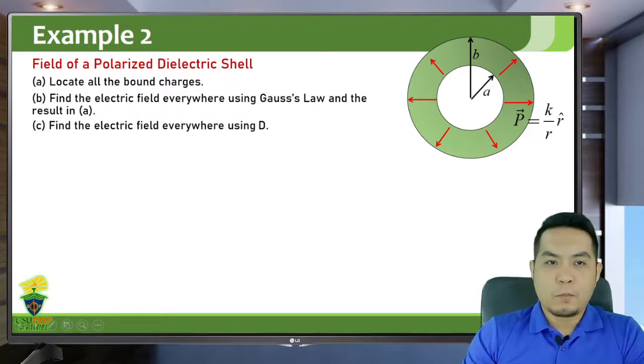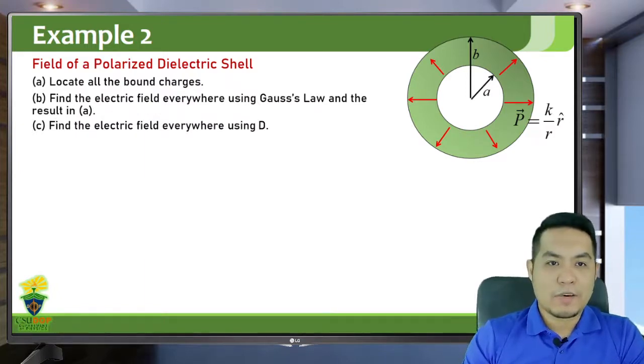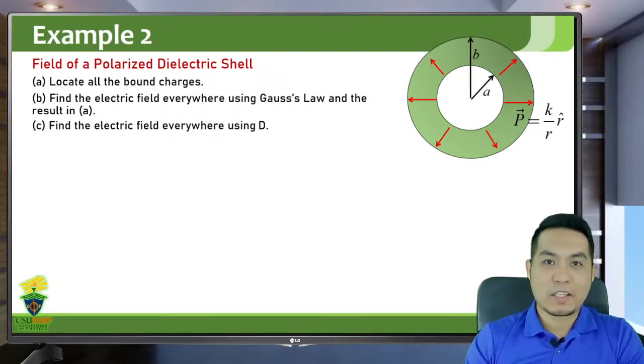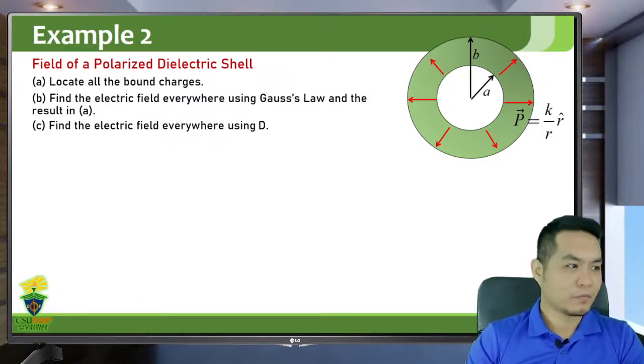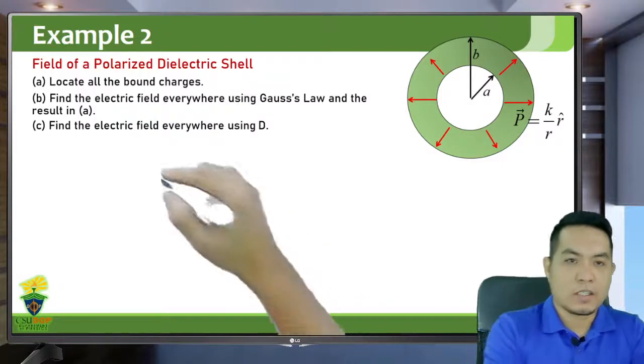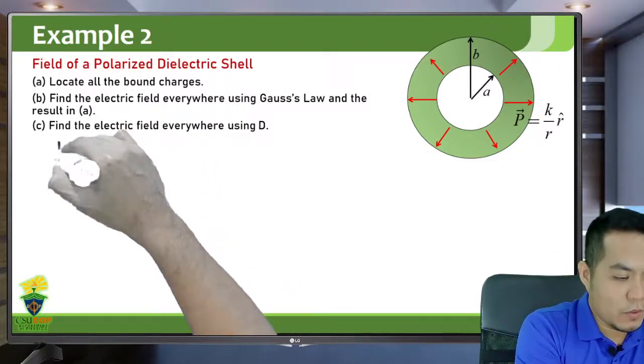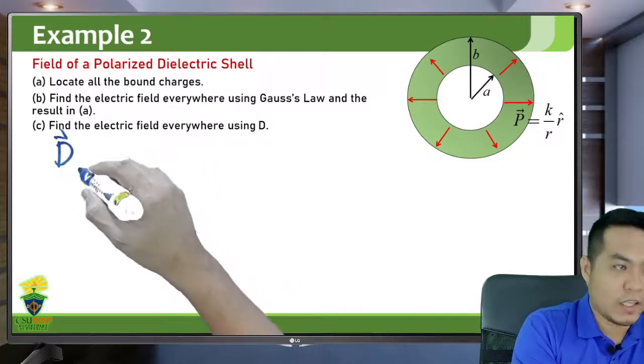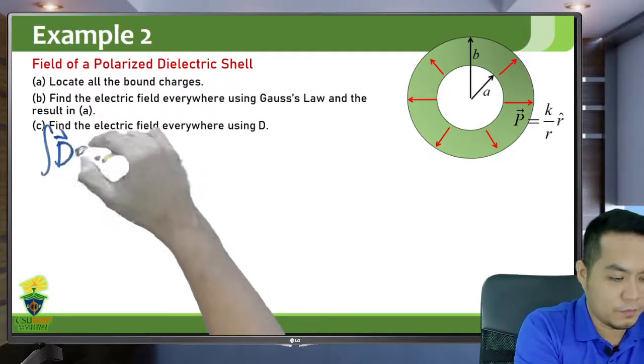So for the third problem, we are asked to find the electric field everywhere, but now using the electric displacement D. Okay, so we will use the Gauss law for dielectrics in integral form.